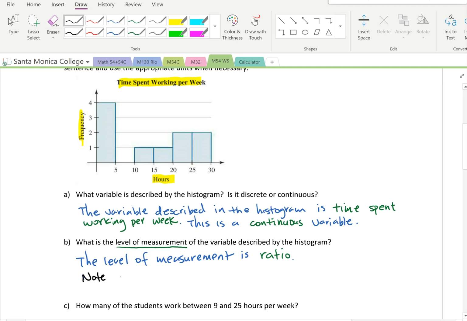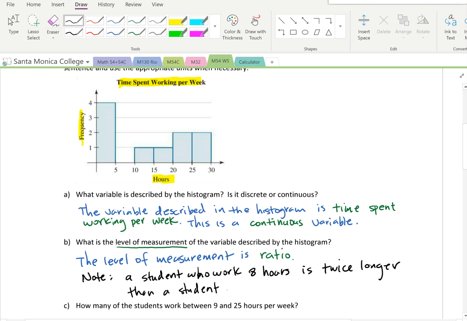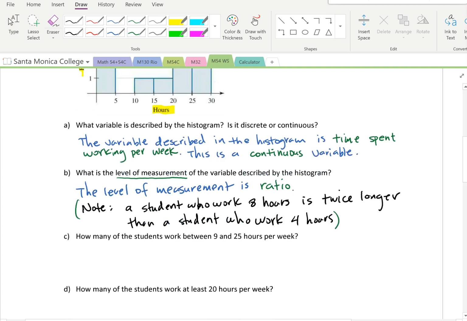Description note: a student who works 8 hours is twice as long as a student who works 4 hours. So if you're not sure, you can always give the example to see if it's an interval or a ratio. So this tells me it's a ratio.